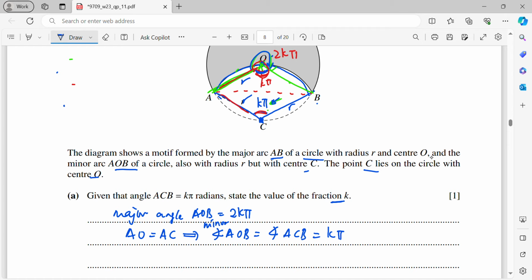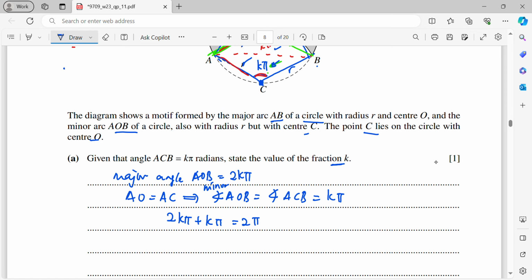So the upper part is 2K pi, the bottom part is K pi. So 2K pi plus K pi equals 2 pi, because that is the whole circle. Therefore, 3K pi is 2 pi, hence my K is 2 over 3. So this is the K value.